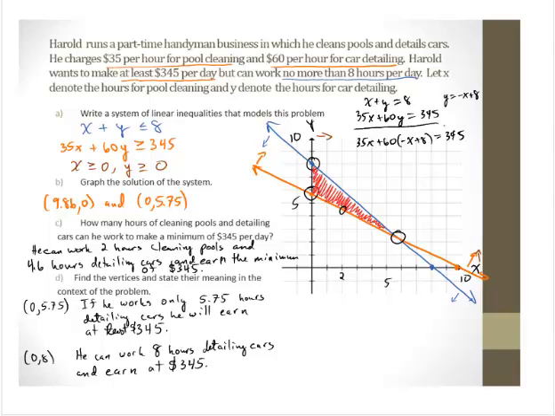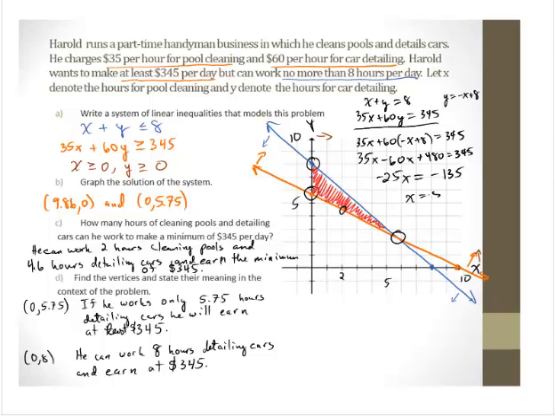So then 35x minus 60x plus 480 is 345. So then negative 25x equals, let's see, 345 minus 480 is negative 135. And dividing through, 135 divided by 25 is 5.4.